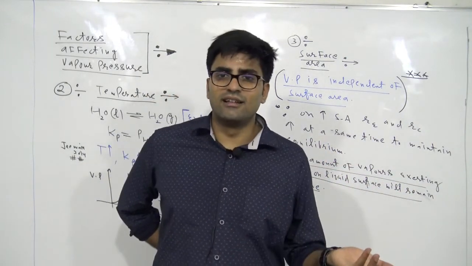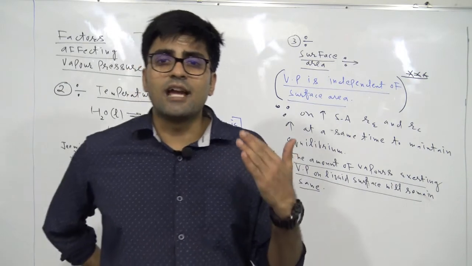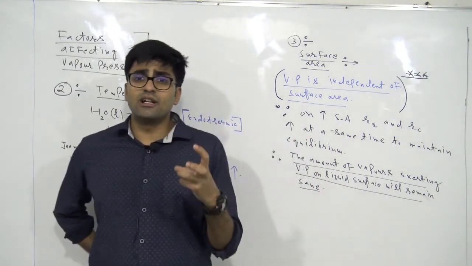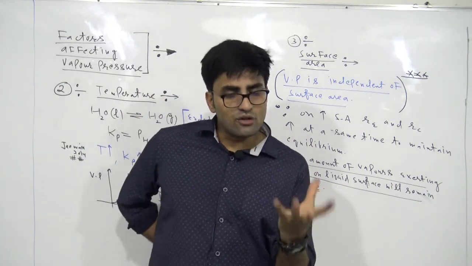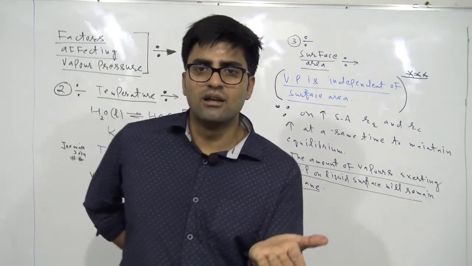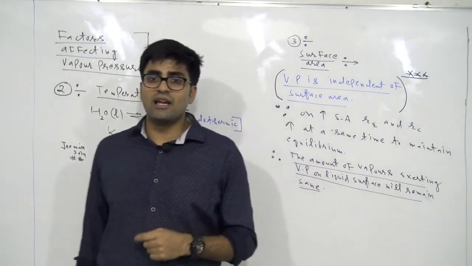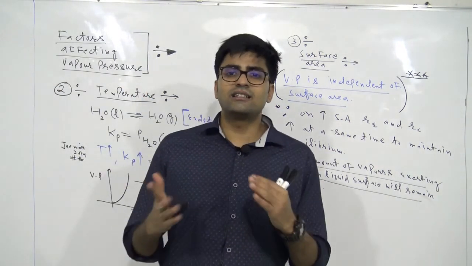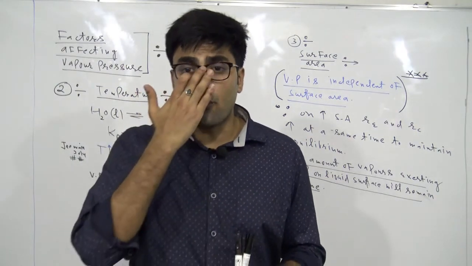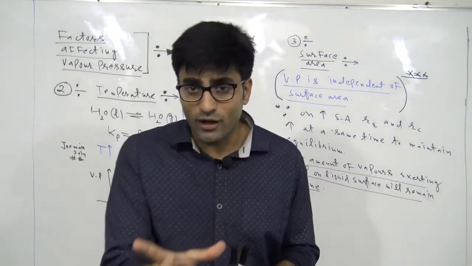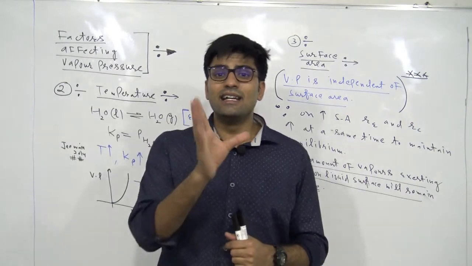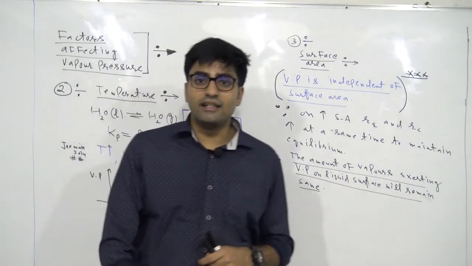It will still be 100 degrees Celsius. It means temperature is a type of quantity whose value does not depend upon the amount of the substance. These type of quantities we have learned already in class 11th. These are called, guys, intensive quantities. Intensive quantities means independent of matter. So temperature is an intensive quantity.